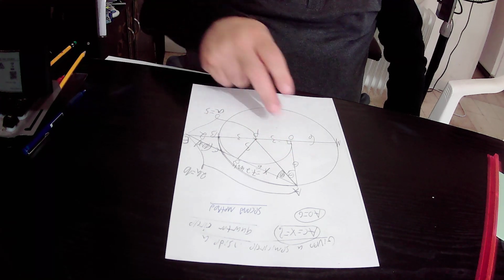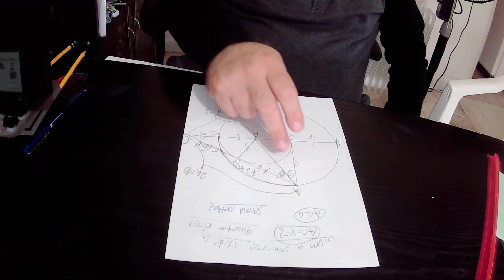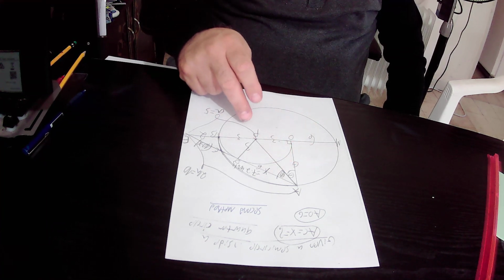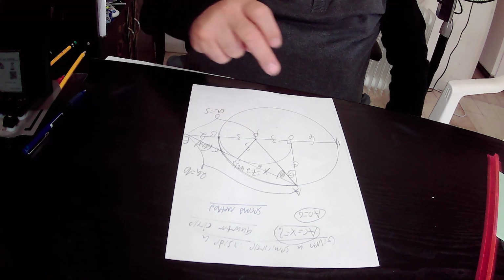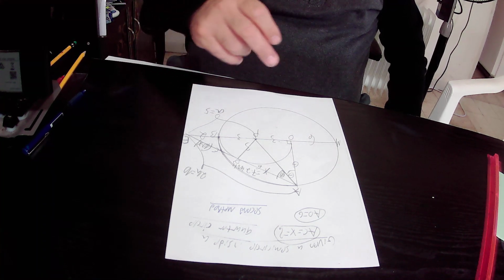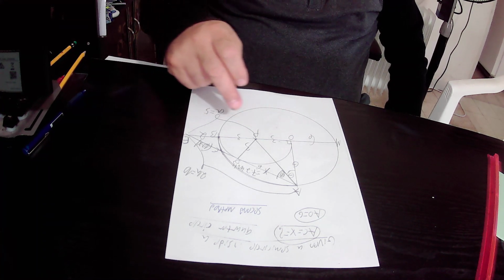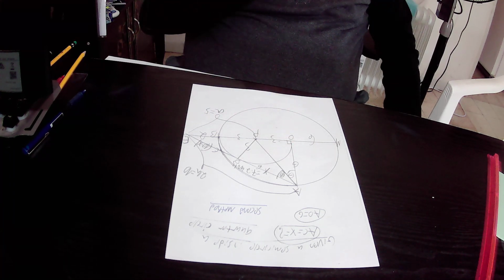In this right triangle AEO, line segment AP is the angle bisector of angle OAE, that is to say it divides angle OAE into two halves. Each half equals theta.